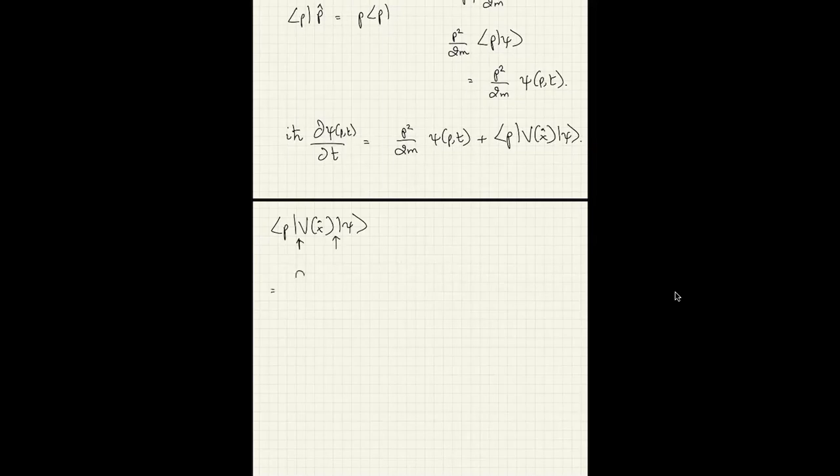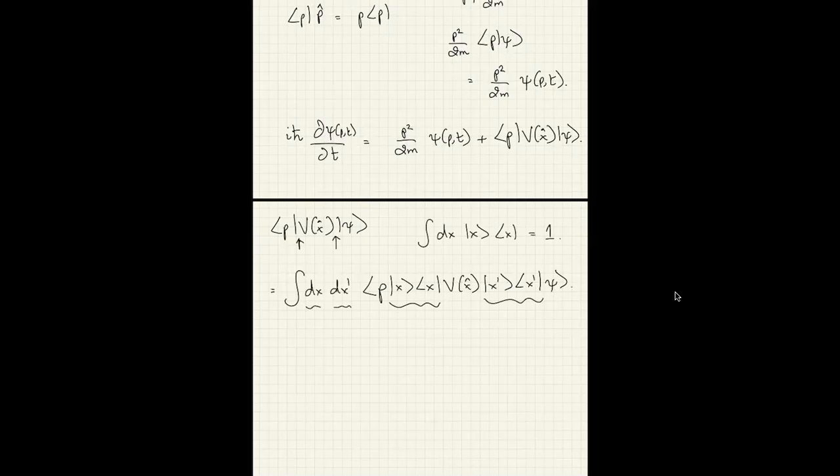And I can write this as integral dx prime, <p|x>, V of x operator, then another set of states here, |x prime>, <x prime|psi>. So this is using the completeness relation, integral dx |x><x| equal to 1. This is my first identity and this is my second identity with the corresponding integrations.